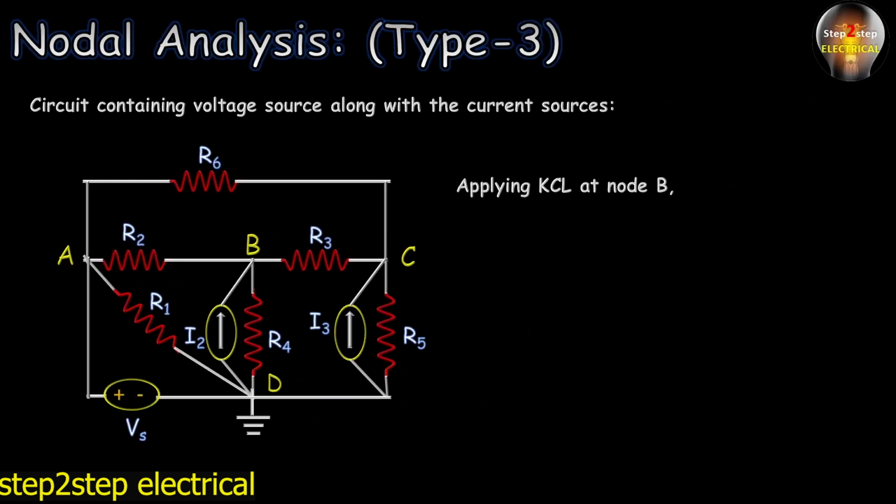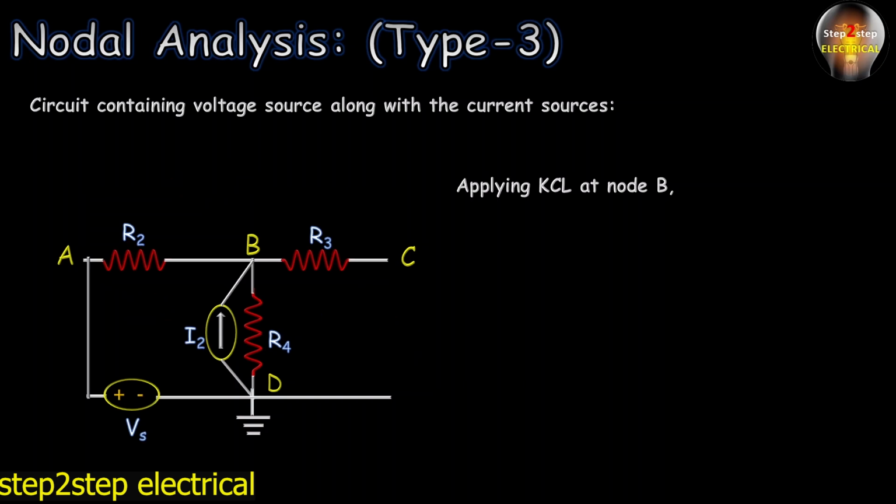So let's apply KCL at node B, and first we will remove the branches and elements. Now we'll get this. I won't remove this VS. Why? Because VS is nothing, just the voltage of node A. So let it remain connected with node A. Now we will write KCL: the currents through R2, R3 and R4 are outgoing currents from node B, while I2 is the only current entering node B, as we have done in the previous videos.